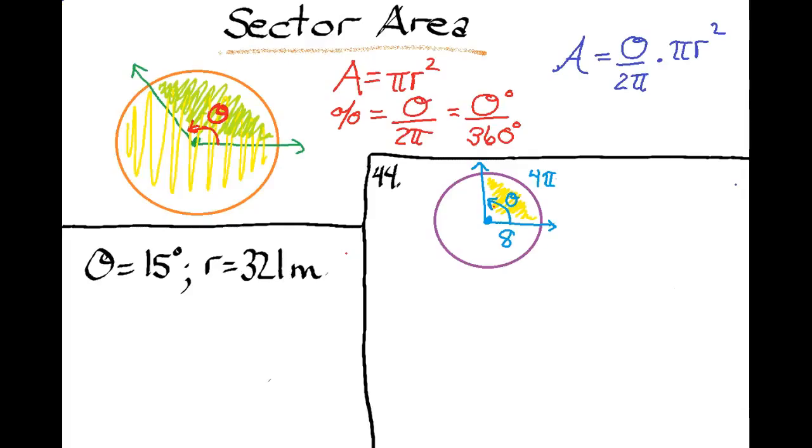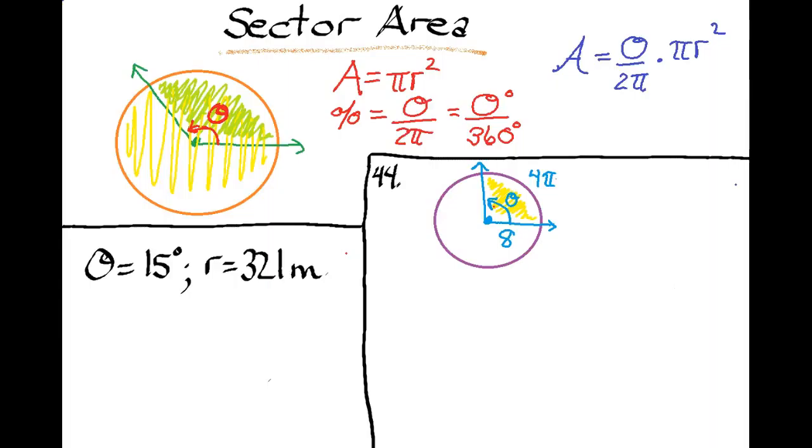Okay, so let's work a couple of problems here. The very first problem we have down here on the left is one of the examples in section 3.2. And they're asking us to calculate the sector area of a farmer's field that needs to be irrigated. And it's a circular field.